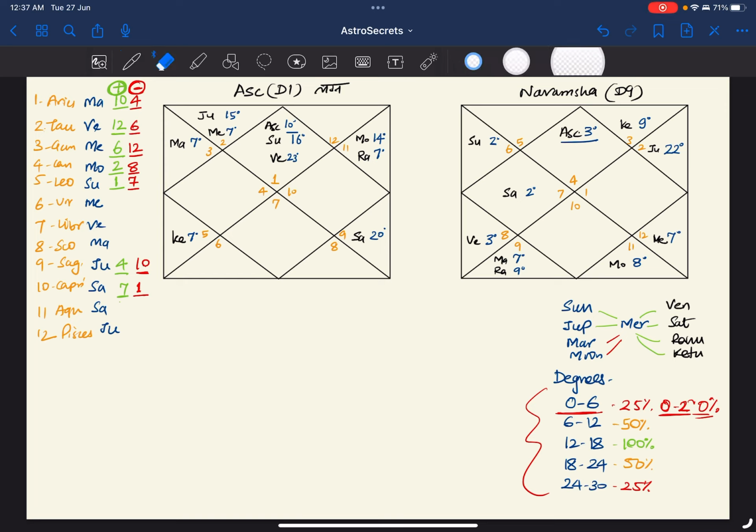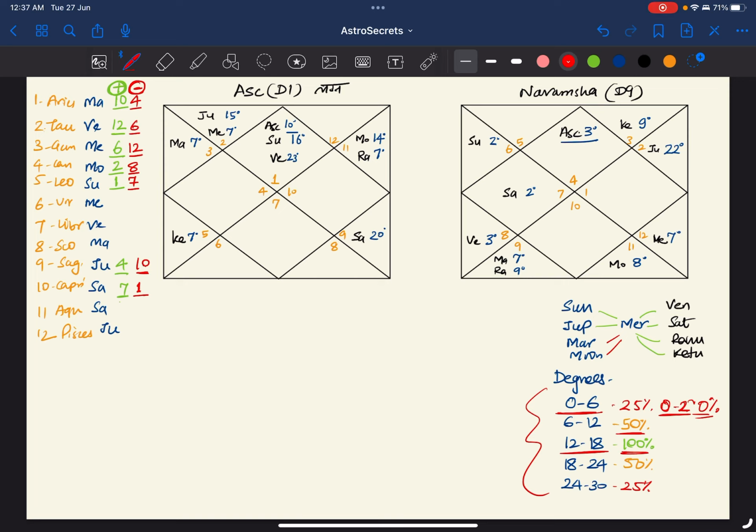If the degree is 6 to 12, then the effect from that particular planet is going to be 50%. If the degree is between 12 to 18, then the effect that planet will have on your life is going to be 100%, which is the highest.